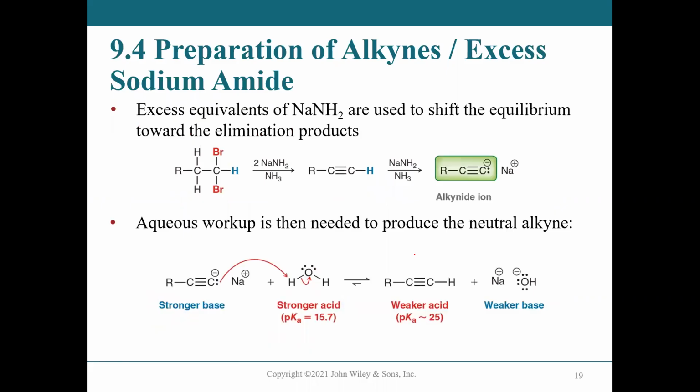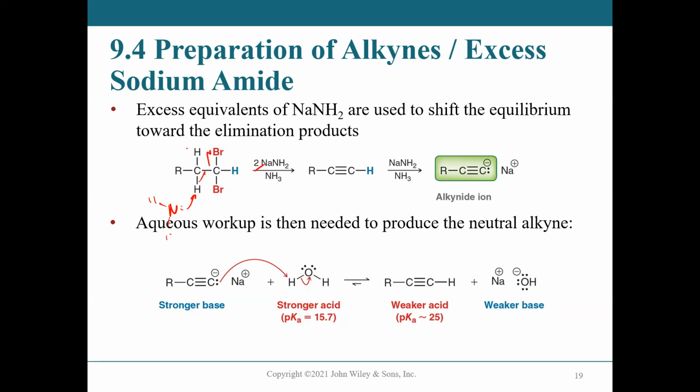Right, so excess equivalents of our sodium amide are used to shift the equilibrium toward the elimination products. So what do they mean by excess? Here we have two equivalents. We put two equivalents in. So the first equivalent will come here and remove that.